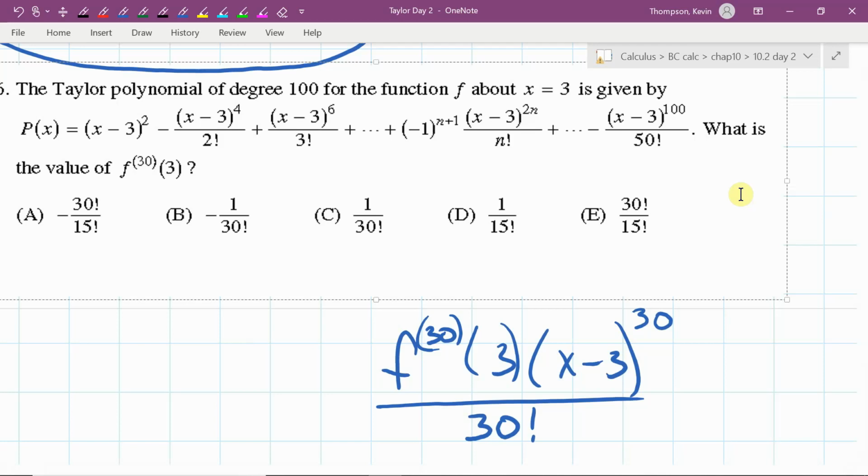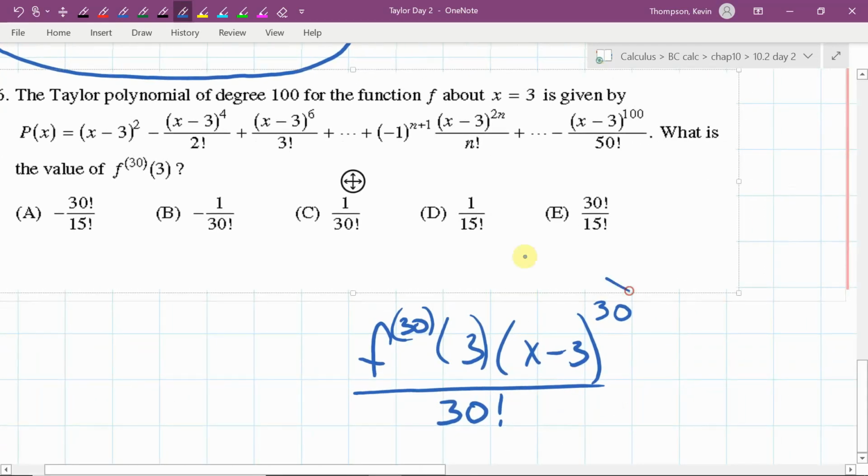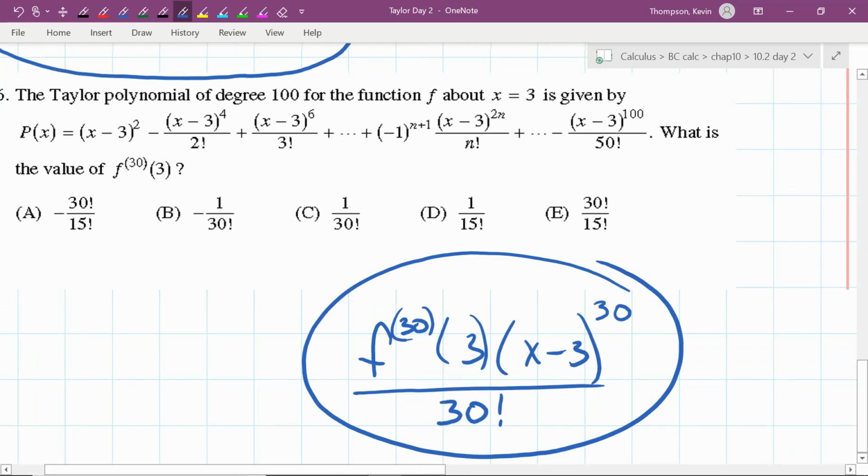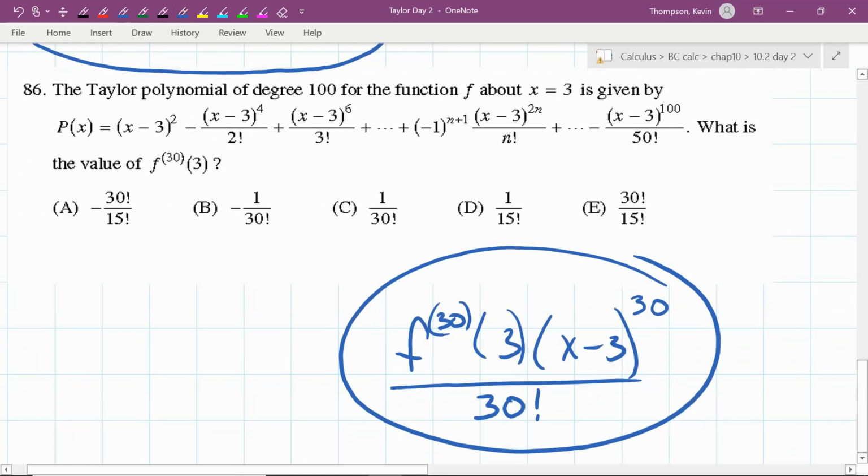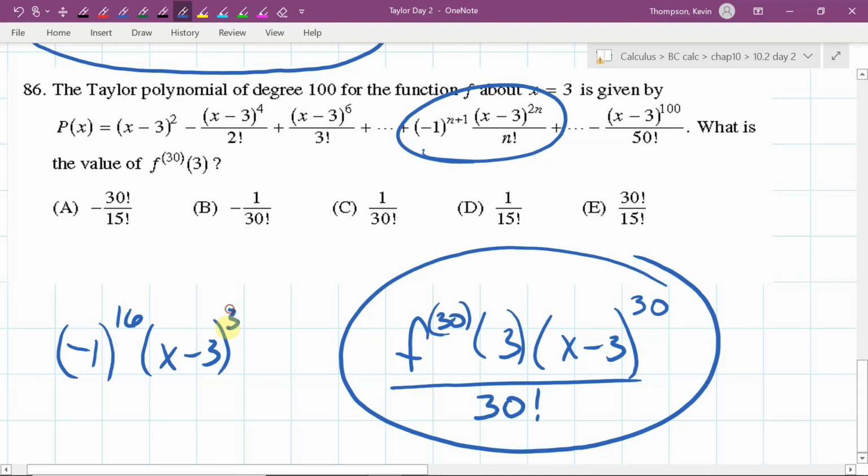Okay, so the term that we should be looking at, so maybe I write this, like this is the calculation that we would expect to do. The 30th derivative evaluated at 3, x minus 3 to the 30th, and 30 factorial. But with this pattern and whatever's simplifying here, we're saying, well, if n is 15, I would get something like this, negative 1 to the 16th, x minus 3 to the 30th, and 15 factorial.